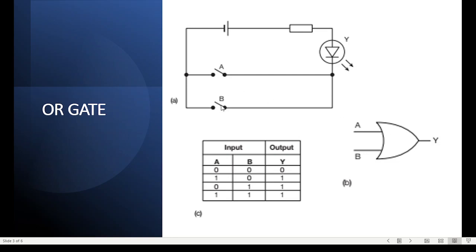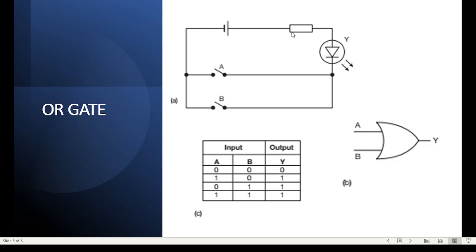Now if I close B, what will happen? The current will take this direction. Let me go again. If I close A, then the current will take this path.